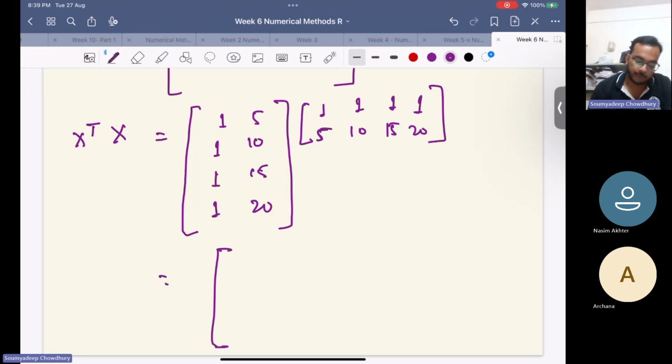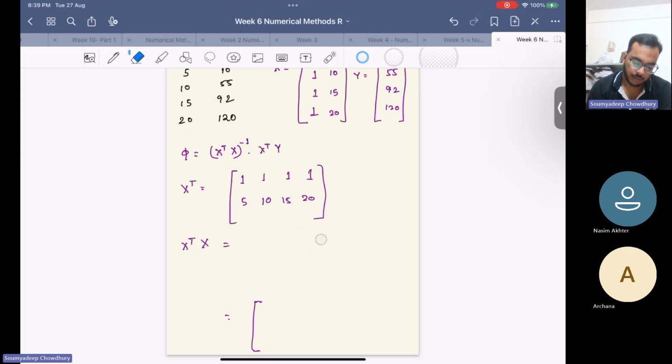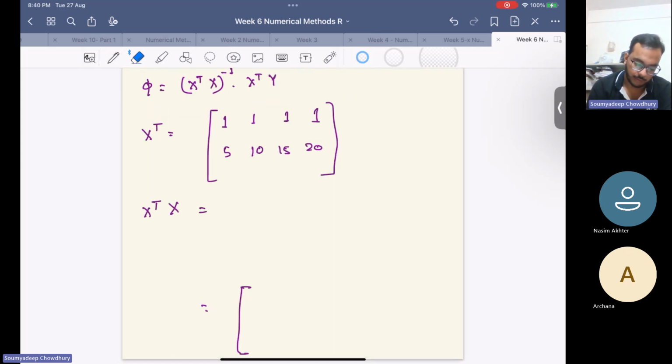What is the order of X transpose? X is 4 cross 2, so X transpose is 2 cross 4. Oh, sorry, 1 second, I have made one mistake here. I have written it reversed. This is X transpose: 1, 1, 1, 1 in the first row and 5, 10, 15, 20 in the second.